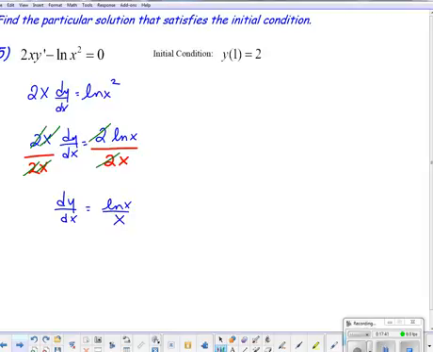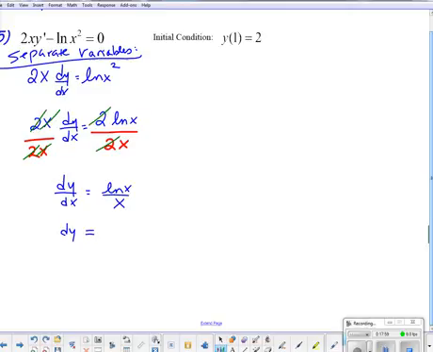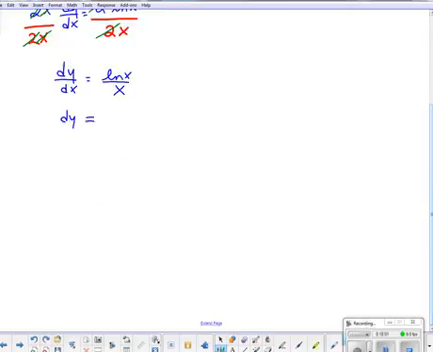I have not quite separated my variables, which is always our first step on these. I'm trying to get x's on one side, y's on the other. So let's multiply by dx, and we've achieved it. dy equals natural log x over x dx.